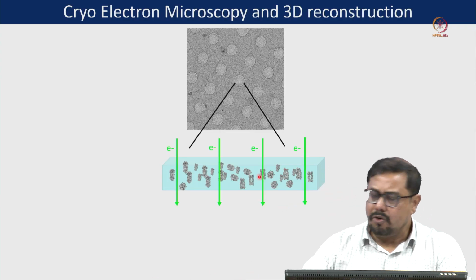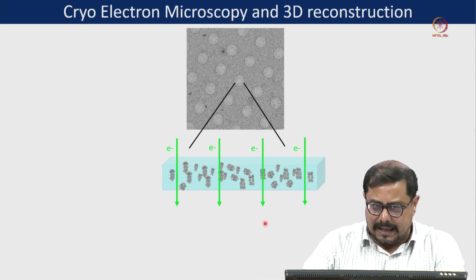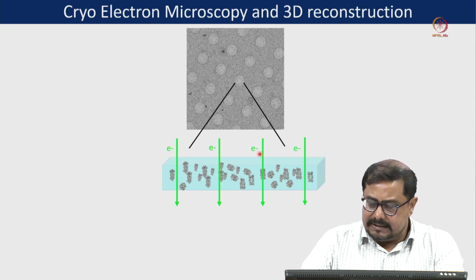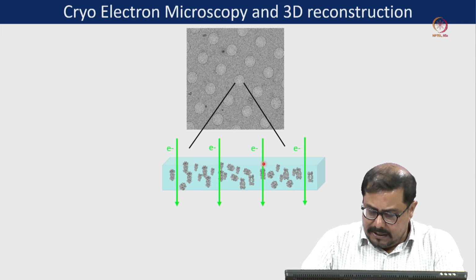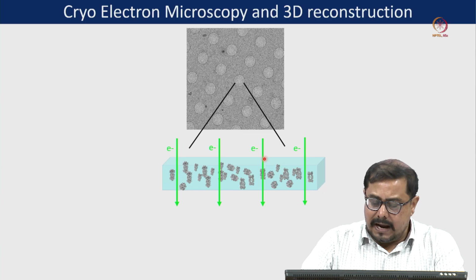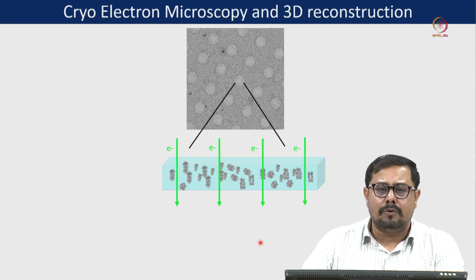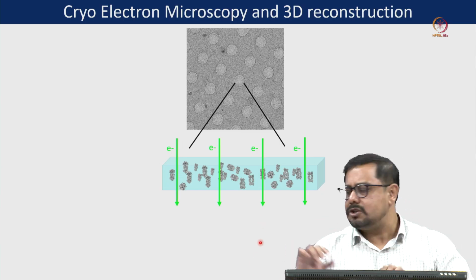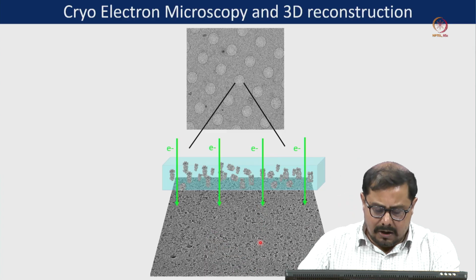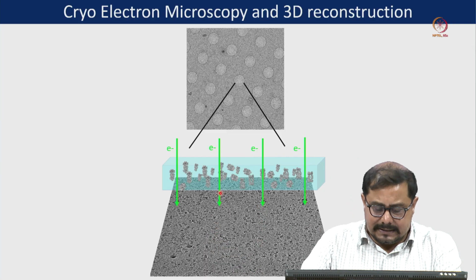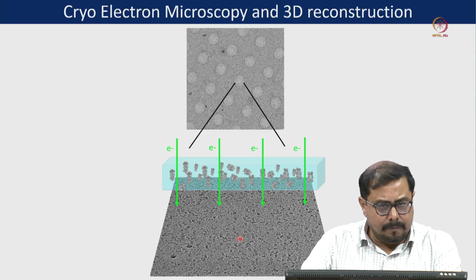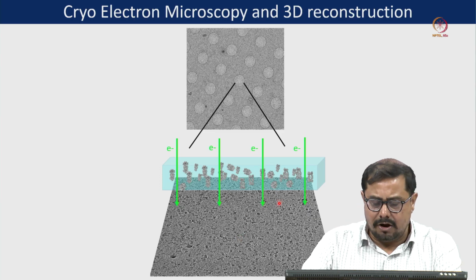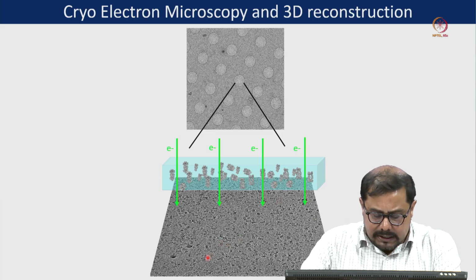Now when the electron beam passes through this sample, what do we get? This is a transmitted electron beam. The entire thing will transmit, and then it will give us a 2D image of this 3D object. If I look at this one, we can see a 2D image of some 3D objects, and in this particular case those are our protein molecules.